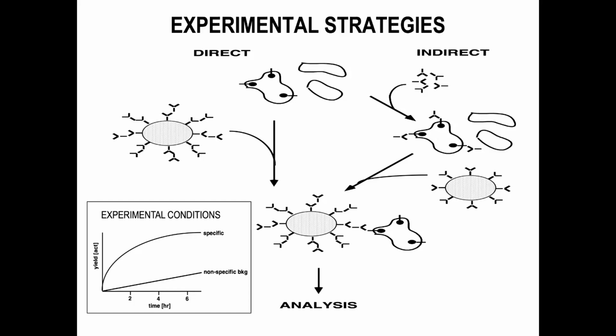With immune precipitation, we can look at which other proteins are associated with the protein. We can read that out with mass spectrometry, or we can read it out with Western blotting. And that is the same principle, so you perform these immune precipitations at 4 degrees Celsius in the cold room. The same will be true for the immunoisolations in the cold room.